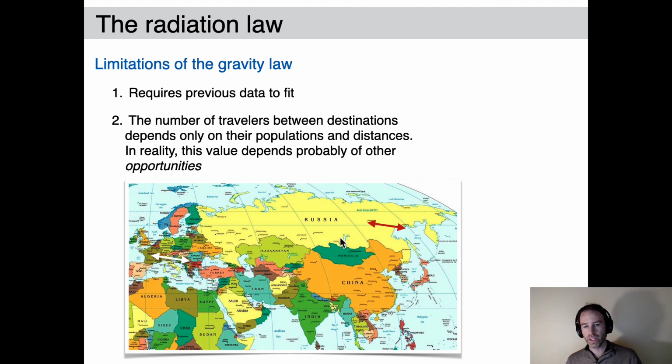But this actually seems unlikely, because if you live in one of these two cities and look around, there are no other big cities around. So they are kind of the only alternatives.